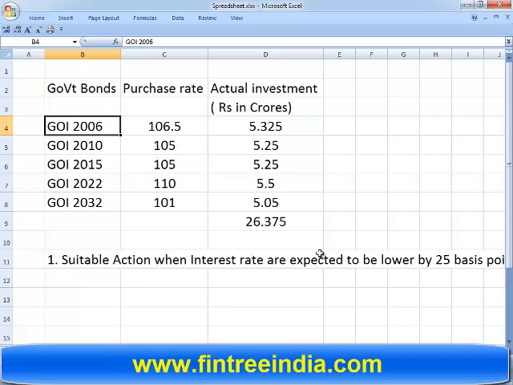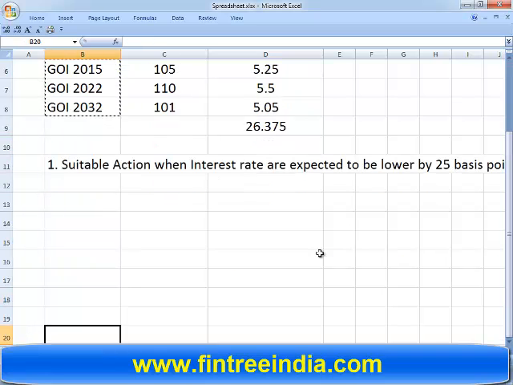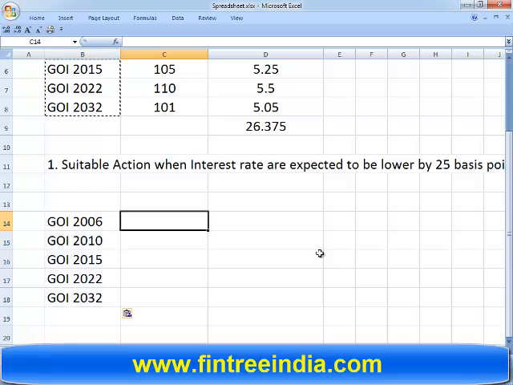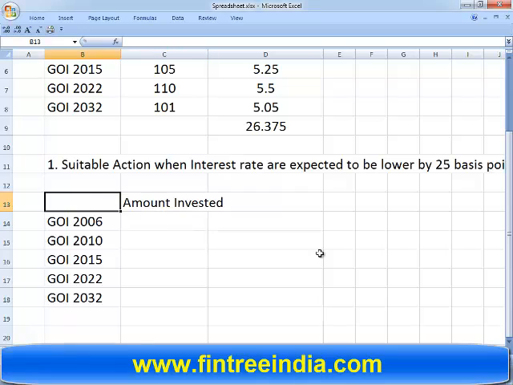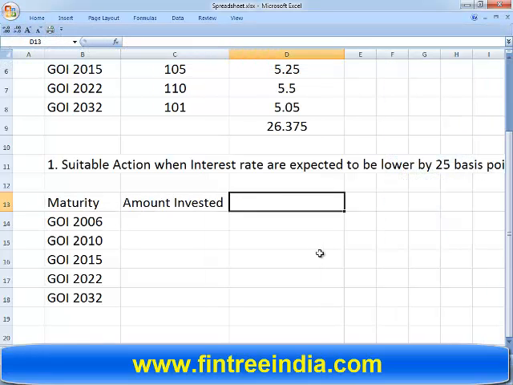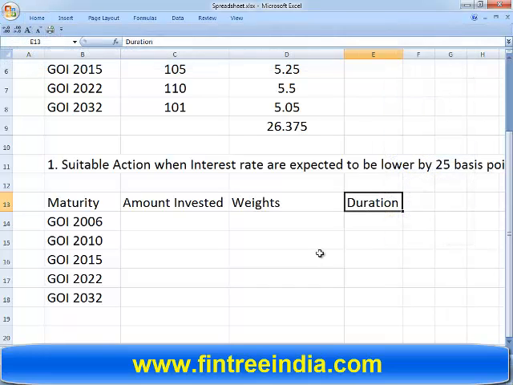Okay, so make this column now. Maturity, amount invested, then here you will say weights, duration, and here you will say weighted average.